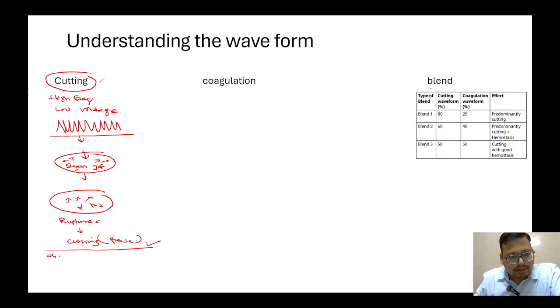The disadvantage is there is no coagulation, only cutting. And there is no smoke production. You must have seen in the OT, during cutting mode there is no smoke production. This is an advantage of this. Okay. Next is coagulation mode.